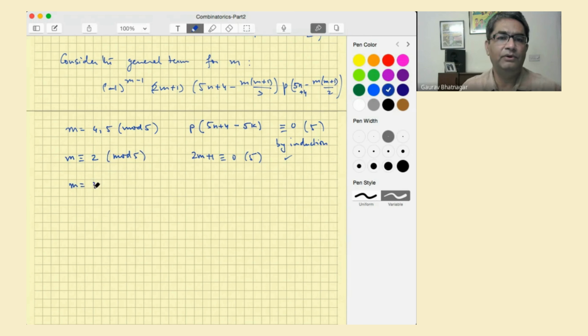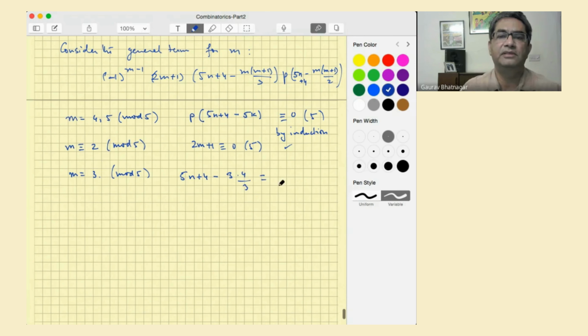And if m is equal to 3 or 1, well, let's first take m equal to 3 mod 5. What does this become? This term is 5n plus 4 minus 3 into 4 over 3.